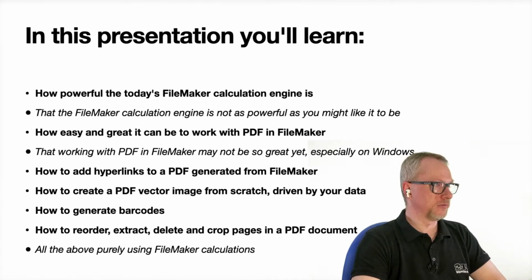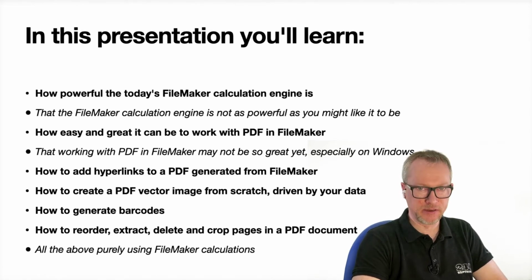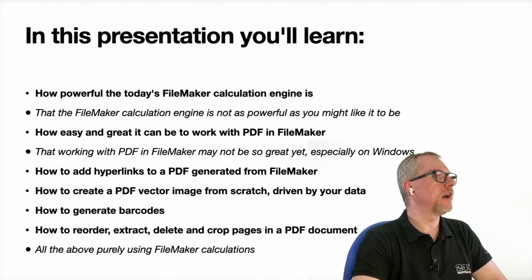So what I will be talking about is different ways of working with PDFs using the calculation engine in FileMaker with no plugins, no external services, nothing, which means on the positive side, it's compatible with all versions of FileMaker, including Go, FileMaker Server, all three platforms, Mac, Windows, Linux, everywhere.